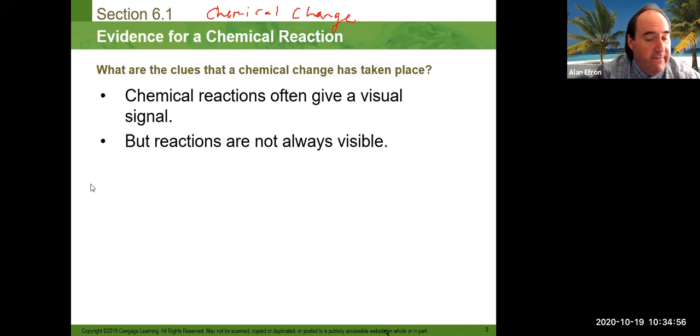It is obviously being formed. It is a reaction that's happening. But visually, you can't necessarily see it. Sometimes you can definitely see it, as we will see in this chapter and next chapter as well. Sometimes you could mix two solutions together, or some solid forms, which you can visually see happening, and that gives you a visual indication that a reaction is taking place.